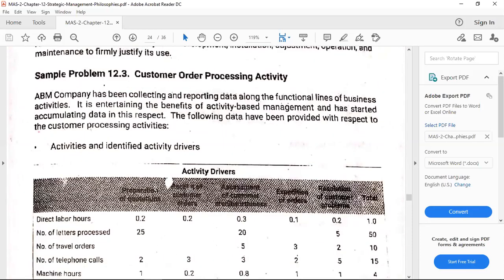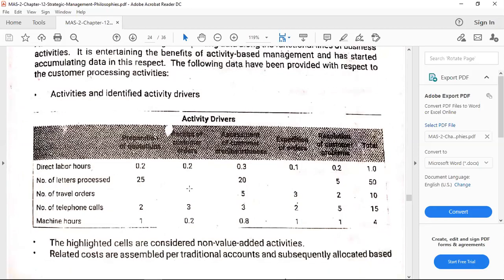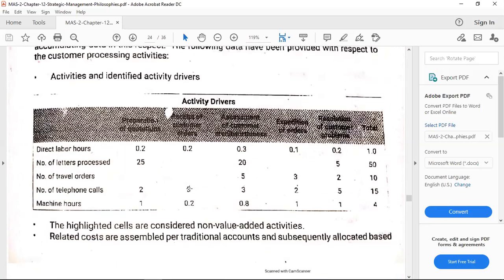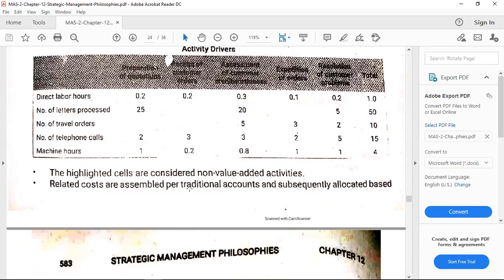So we have here the customer order processing activity, and the identified activity drivers. The highlighted ones, which is not clear here, supposedly are considered the non-value added activities. The non-value added activities, in addition to the wait, would also be the inspection and move time.